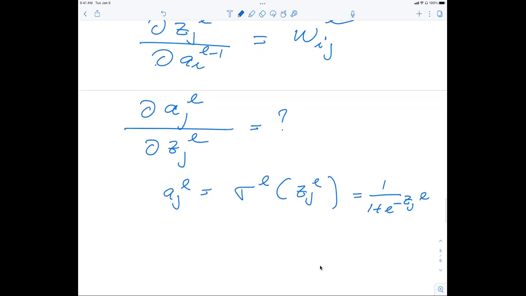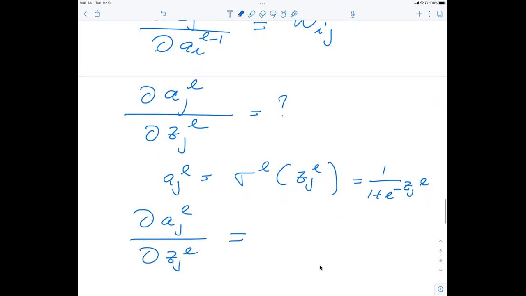And you see quickly that if I take the derivative of this quantity, da_j^L over dz_j^L, sorry for that, this is actually going to be equal to sigma of z_j^L times 1 minus sigma of z_j^L, like this. So it's not so difficult to see that.